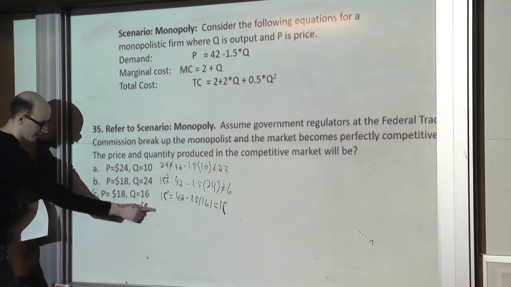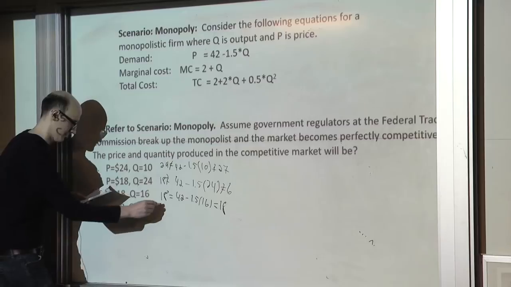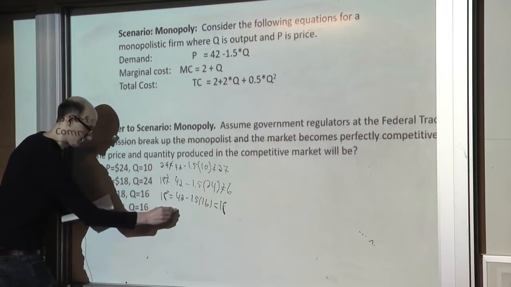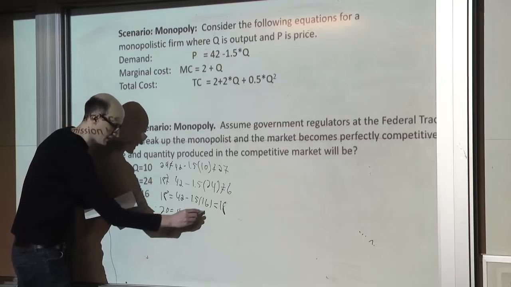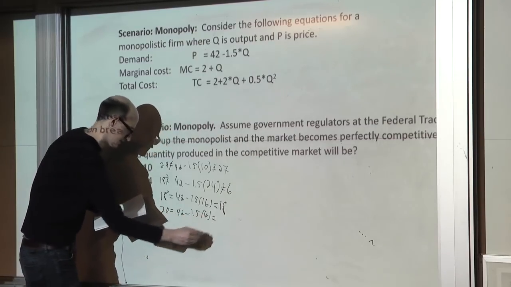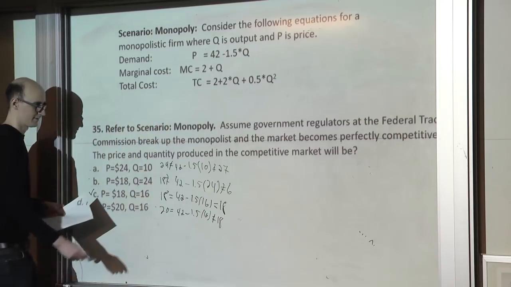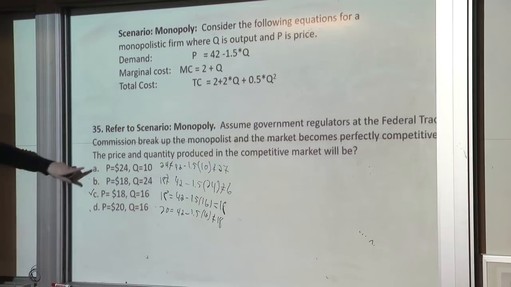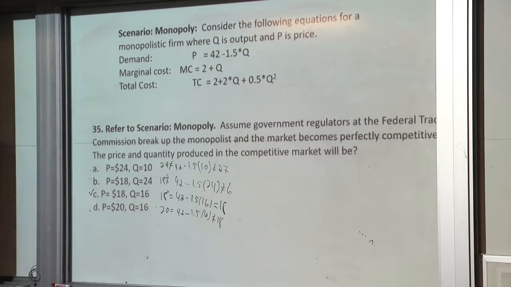Then we want to go to this one, see if 20 equals 42 minus 1.5 times 16. That equals 18, so again, no. I'm plugging in the price and the quantity into the demand curve, because we know in a competitive market's equilibrium, the answer has to lie on the demand curve.